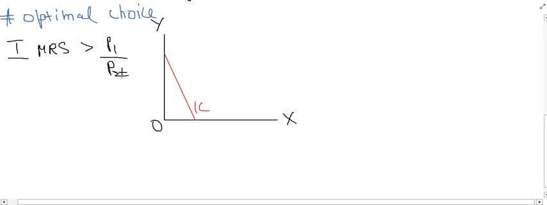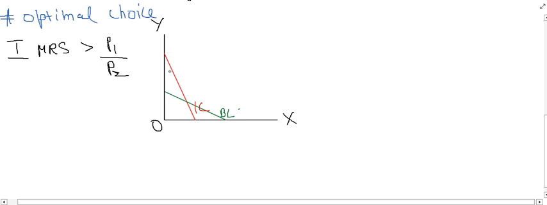Now we are taking the case where MRS is greater than P1 by P2, so the IC would be steeper than the budget line. The budget line slope is P1 by P2 in absolute terms, so our budget line would be this, flatter than the IC. Let's write budget line here.